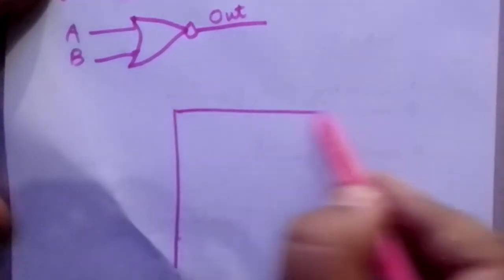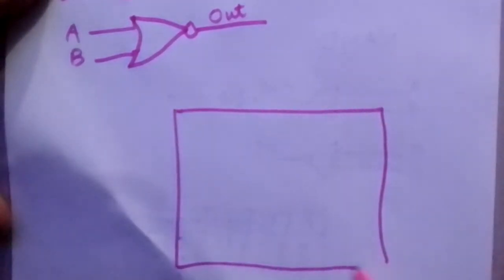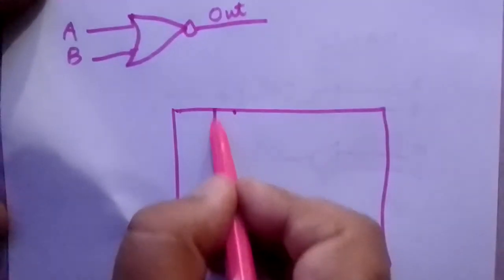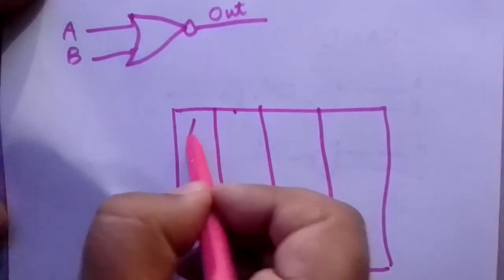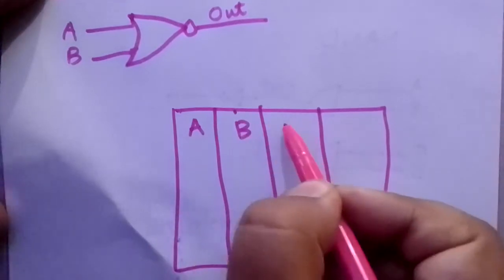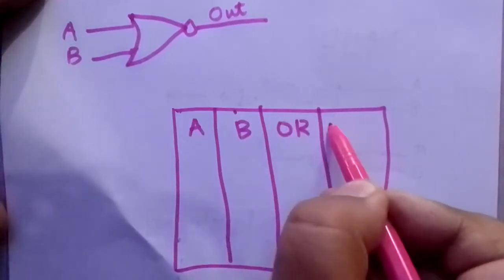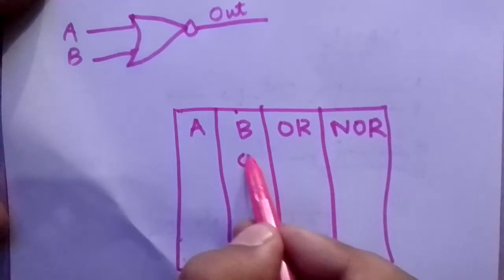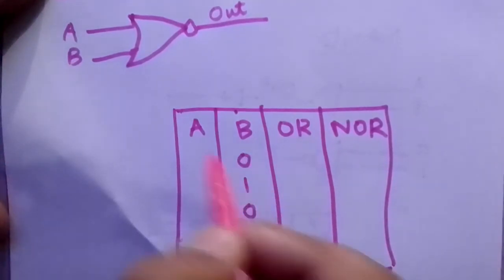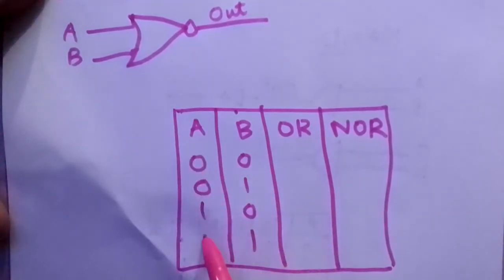So let us see the truth table of digital NOR gate. This is input A, this is input B, this is the output of OR gate, and this is the output of NOR gate. Okay, 0 1 0 1 0 0 1 1.